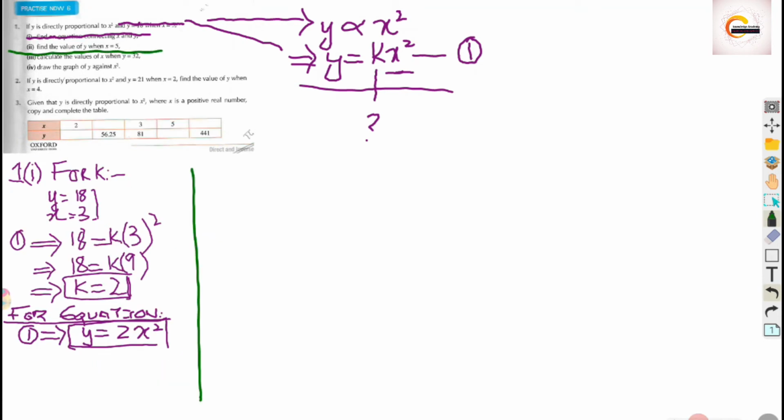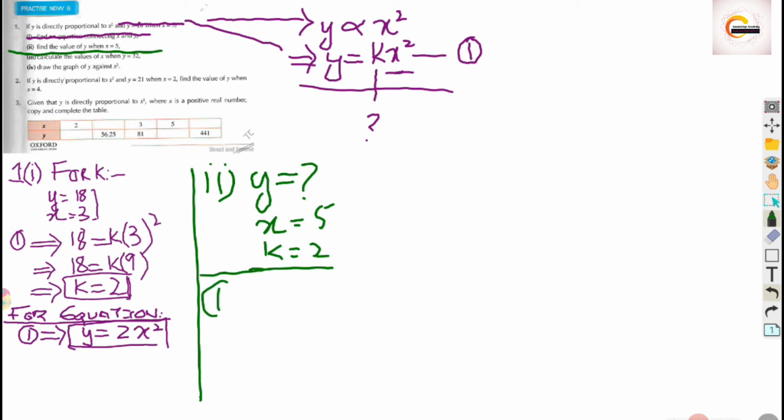Part 2. Find the value of y when x is equal to 5. It's very easy. I'm doing it quickly. y is equal to what when x is equal to 5, and we already know k is equal to 2. So our equation 1 will become y is equal to 2x square.